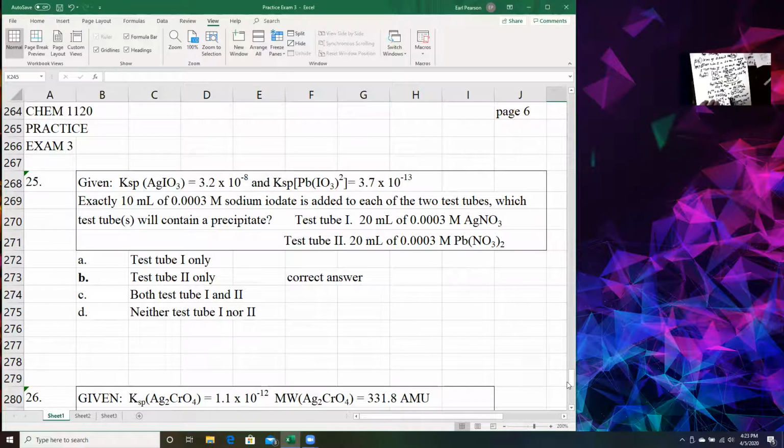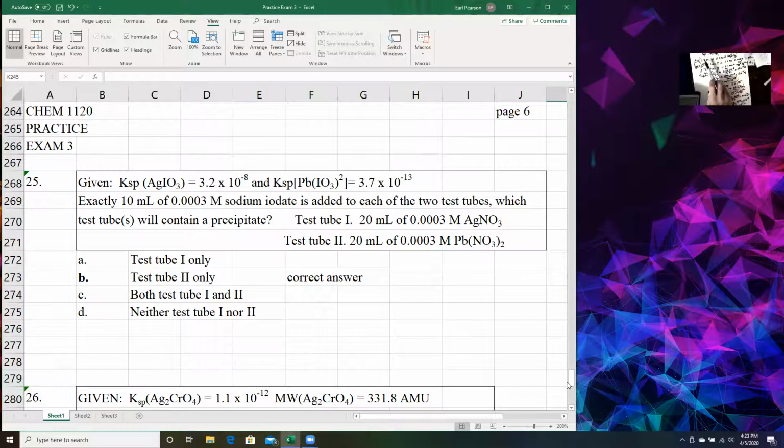For the lead in test tube 2, it's 20 milliliters of 0.0003. It's now had 10 milliliters added to it, it's in 30. So 20 times 0.0003 divided by 30 is 2 times 10 to the negative 4. That is what I'm getting.